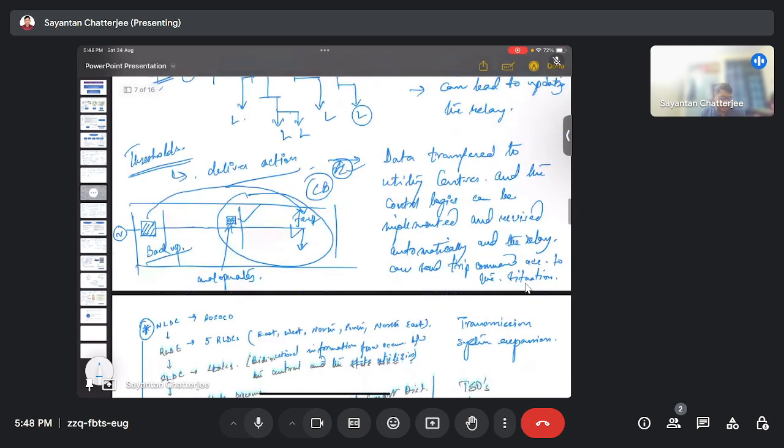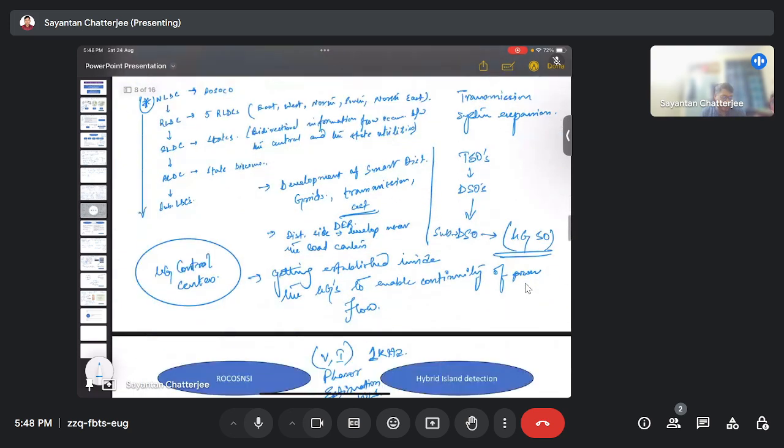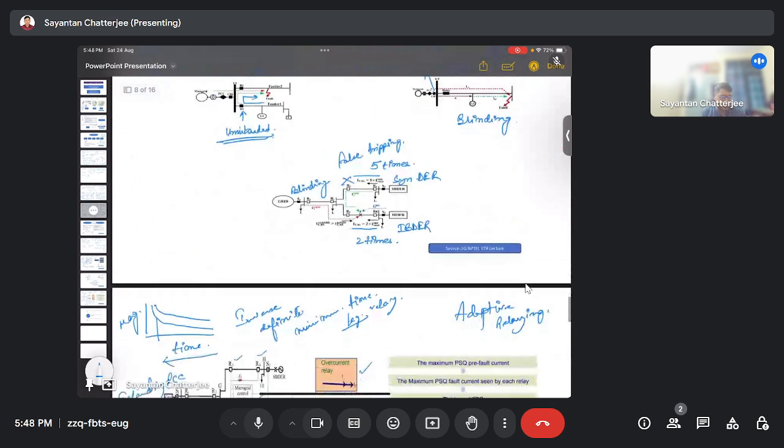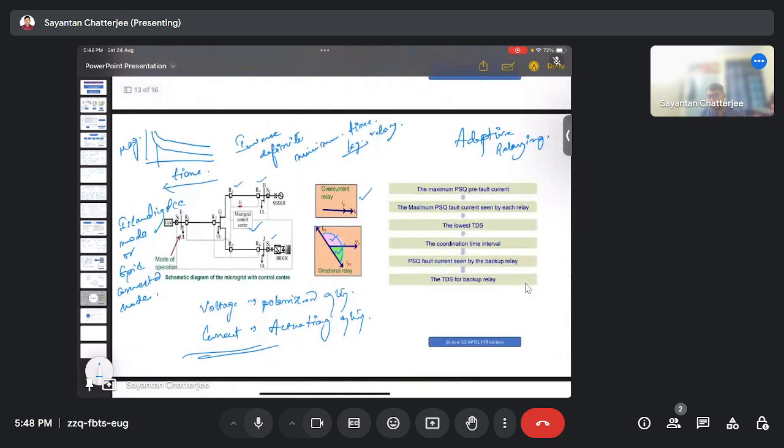Microgrids are the present day grids that take part on a much larger scale to maintain the continuity of the power system. But somehow or other, we do have to take care of the system fault, and all these things need to be properly monitored. And for that part, adaptive relaying does play a very important part.